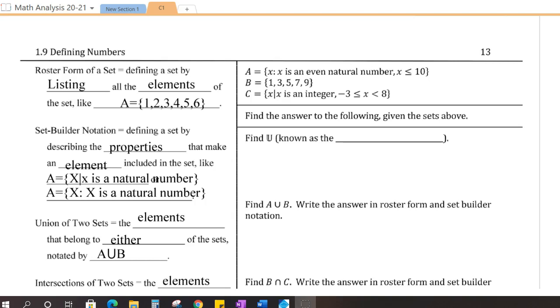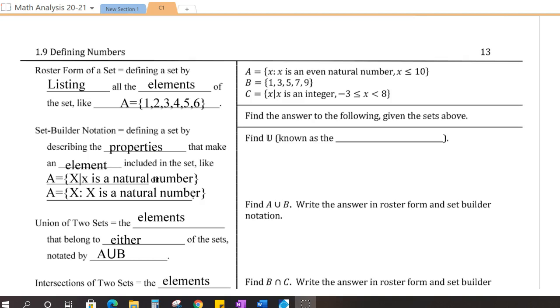Now we're going to move on to proper notation. There's two different types of formats. The roster form of a set is what we talked about before, where we had a set and you list the specific numbers. So listing all of the elements, 1, 2, 3, 4, 5, 6. Set builder notation is a way of defining the properties that make the elements of the set.